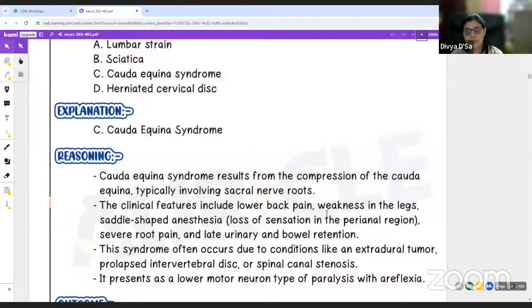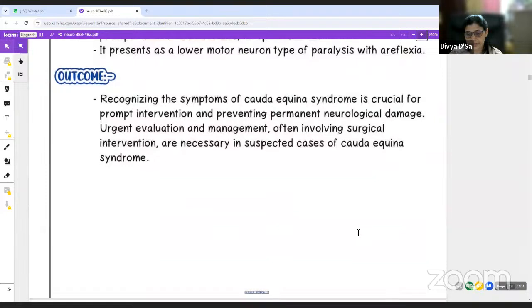There is severe root pain and urinary and bowel retention. The syndrome often occurs due to conditions like extradural tumor, prolapsed intervertebral disc, as well as spinal stenosis. And when the paralysis occurs, it is usually lower motor neuron type of paralysis with areflexia.